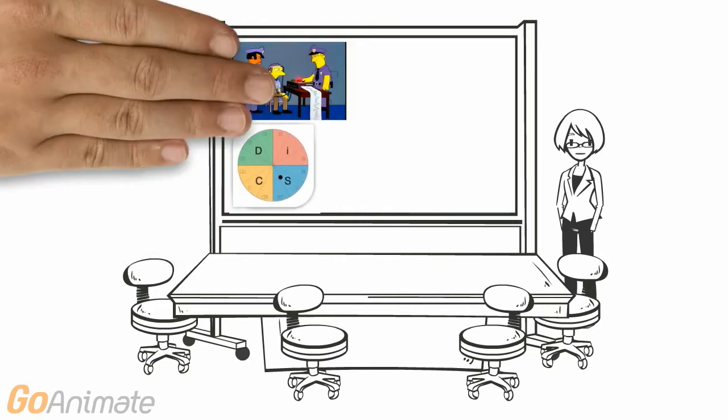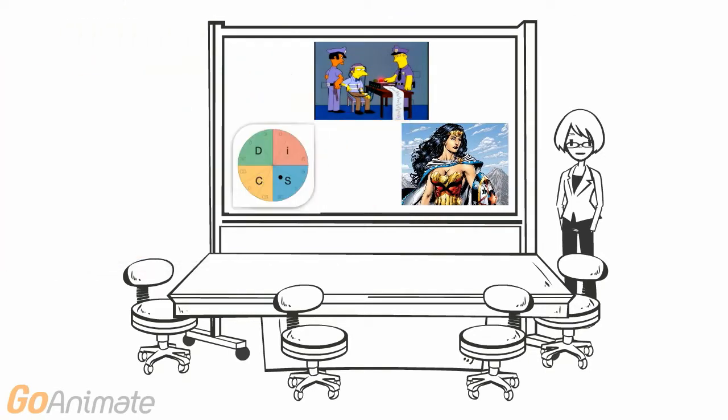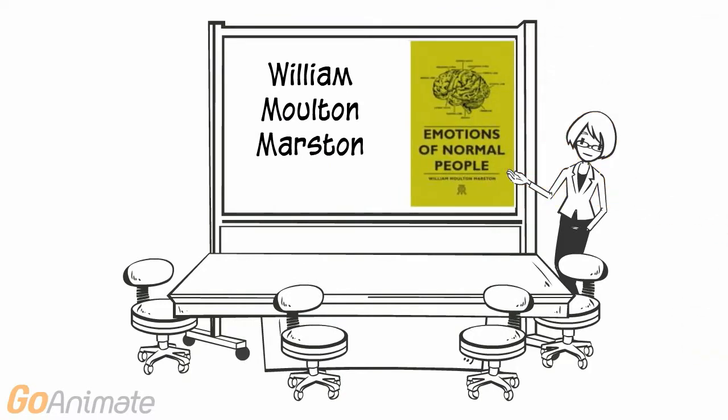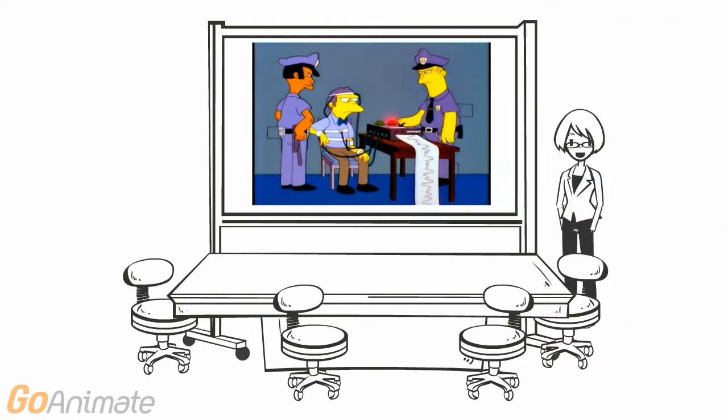First, a little history. Does anyone know what the DiSC, the polygraph test, and Wonder Woman have in common? Give up? The answer is William Moulton Marston, also known by his pen name Charles Moulton. Marston developed a key component measuring systolic blood pressure, which was later used in the polygraph that is still used today.